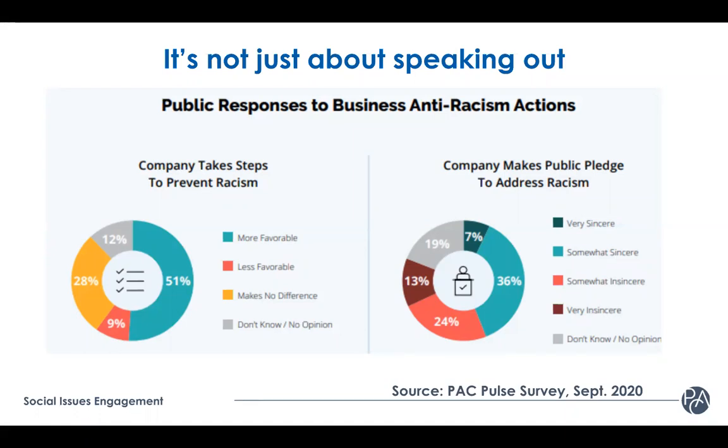And there are obviously always going to be some skeptical people. But when we talk about these issues, the only other option is not just issuing a pledge or signing on to a statement. There are a lot of things that government affairs practitioners and people in the public affairs department can be doing to address some of these issues, and I'm going to talk about those different levels of engagement as we get towards the end.